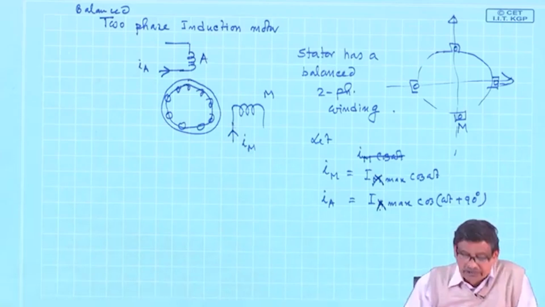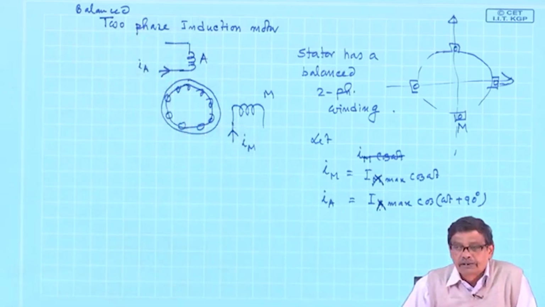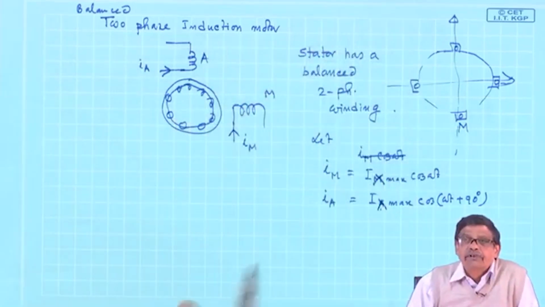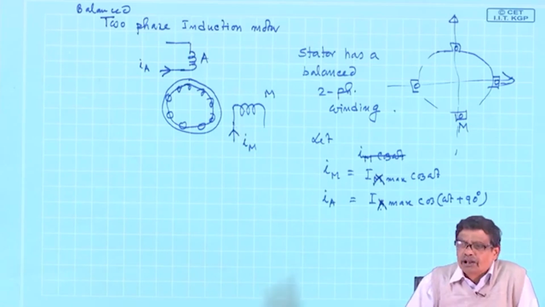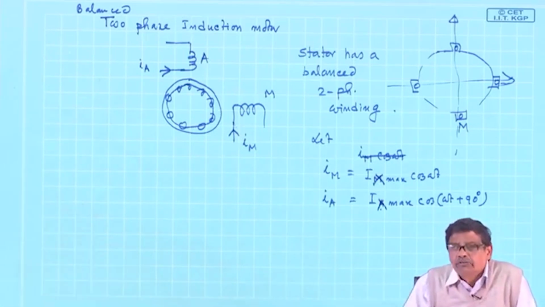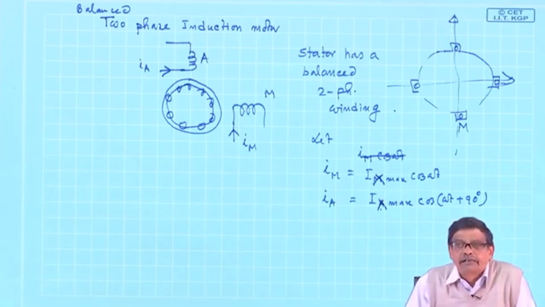So, if you connect a balanced 2 phase supply, these two coils will carry balanced 2 phase current. And then you can easily show, in fact, I told you to prove this, or earlier I have proved also, that a balanced 2 phase winding will also produce a rotating magnetic field of constant strength.